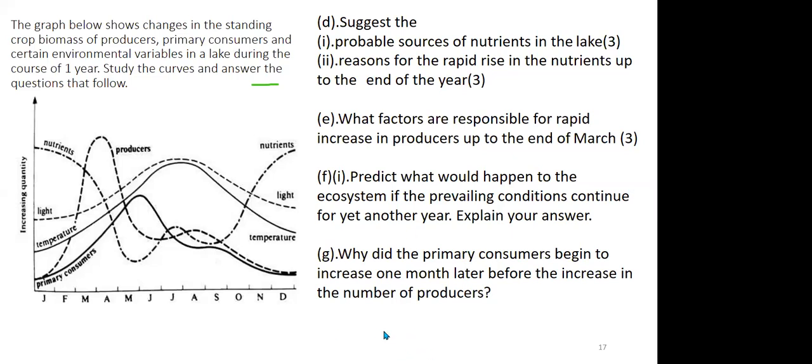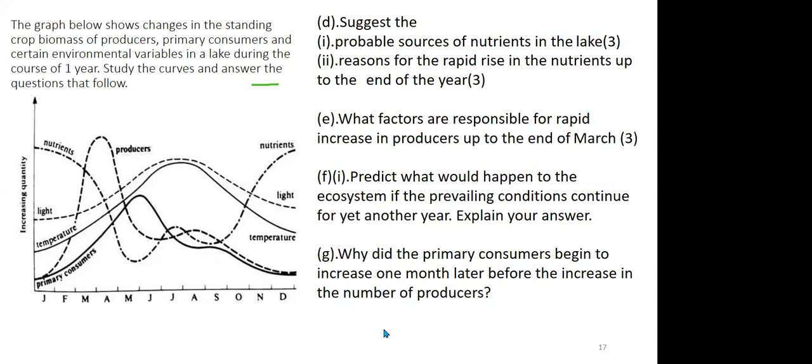Another year will produce the same conditions, okay? You get me? Because these are seasons. As a season was last year, that's what we expect it to be this year and the year after this year. So the fluctuation of the temperature and light we expect to be the same.